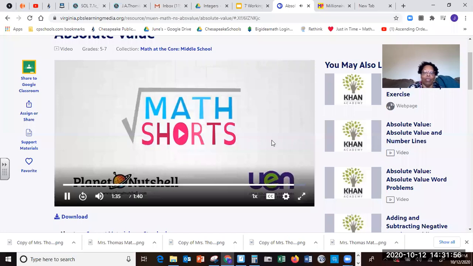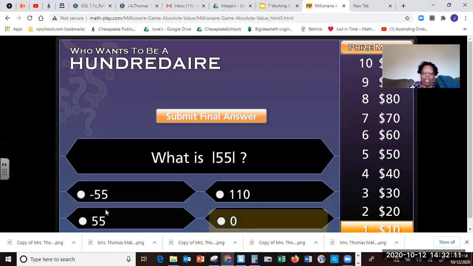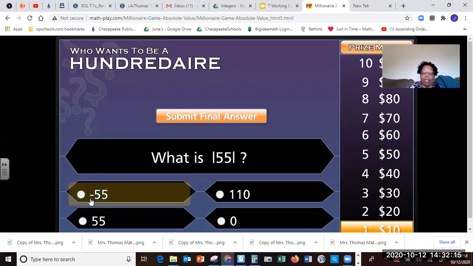Wonderful. So that is absolute value. Now we want to play this game. What is the absolute value of 55? Which one of these should we take? Negative 55?